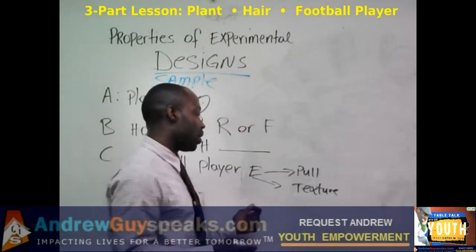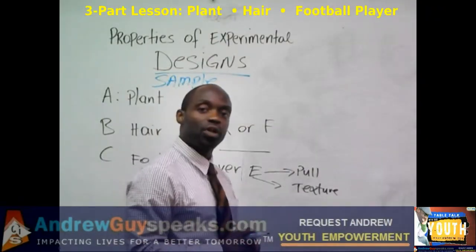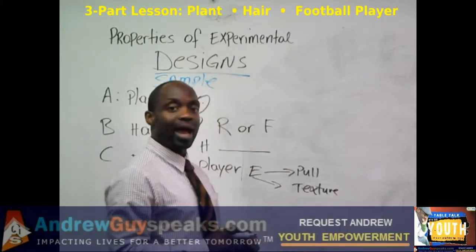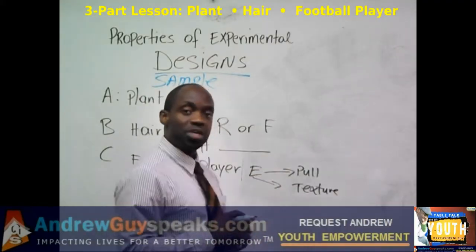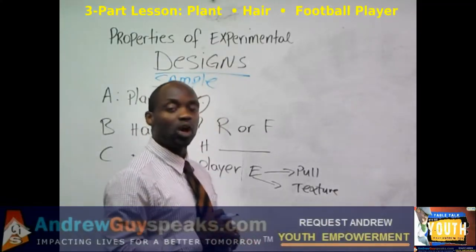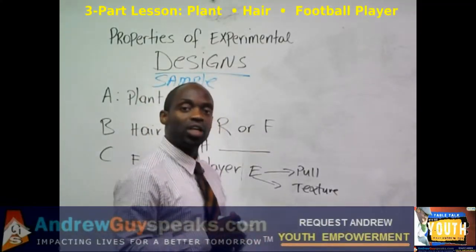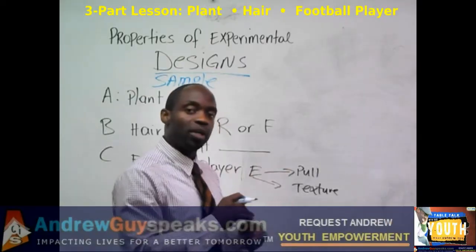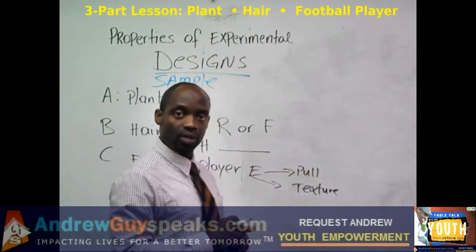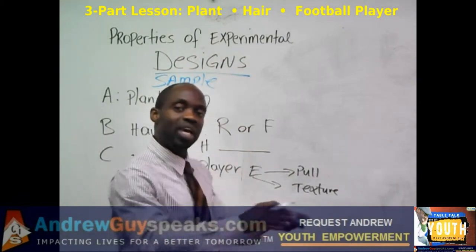Well, if we don't analyze the texture, what else can we do? We can look at color. We can look at how well it moves. We can look at touch. We can feel touch. We can also just ask. We can also put it under a microscope and analyze one type of hair from another type of hair. That's another way that we can come up with to test it.